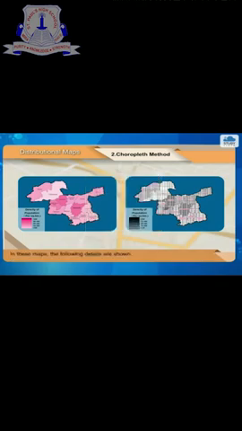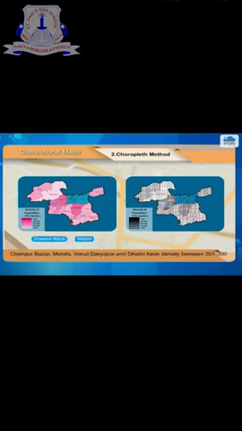In these maps, the following details are shown. Amravati and Achalpur talukas have density greater than 400. Anjangaon, Surji taluka has density between 301 to 400.